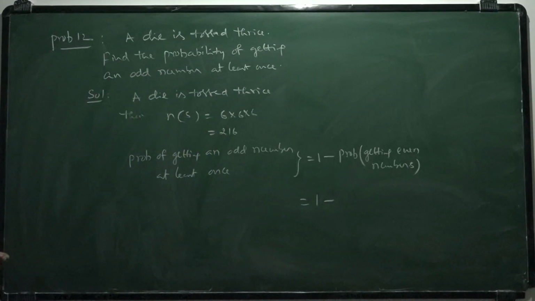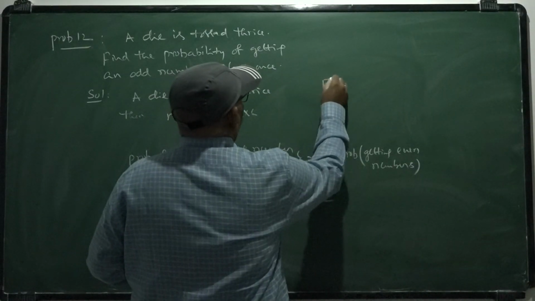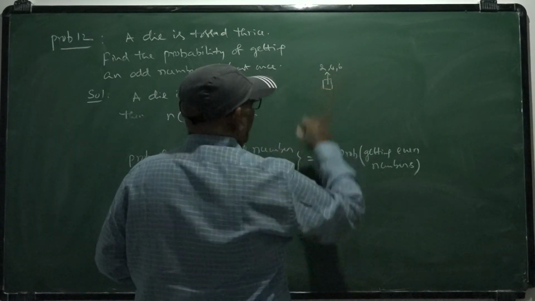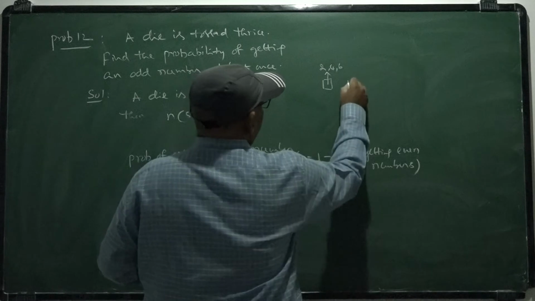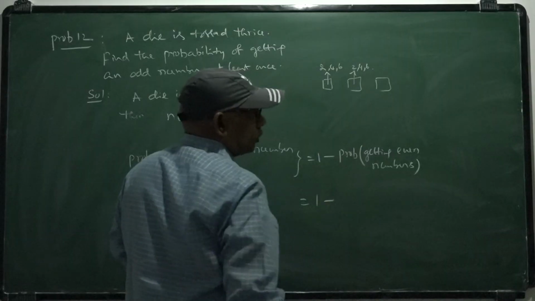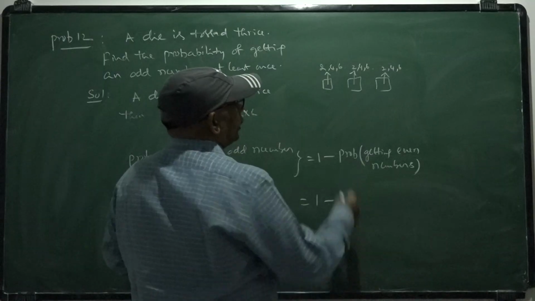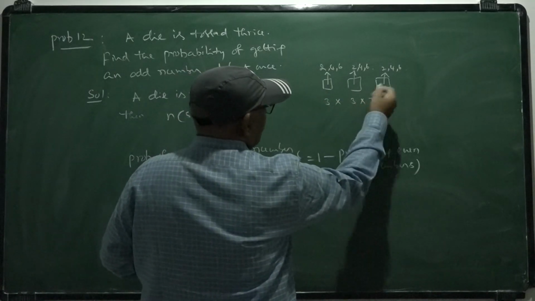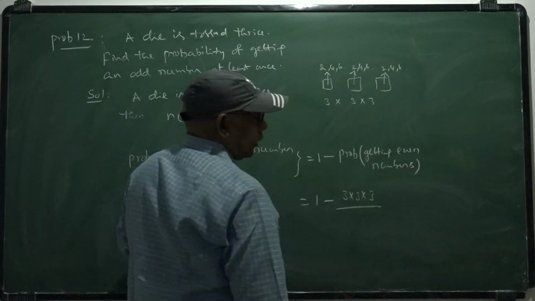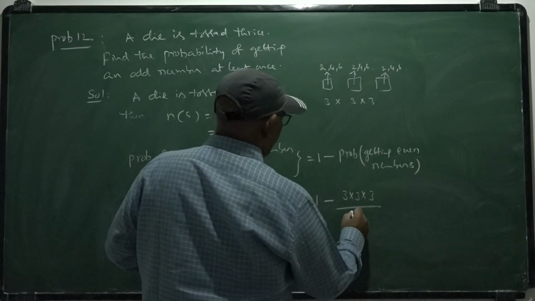In the first throw you have to get even, that is possible either getting 2 or 4 or 6. Similarly in the second throw also either 2, 4, 6, and in the third one also you may get either 2, 4, 6. So 3 possibilities. Hence the required favorable possibilities are 3 into 3 into 3 by n of s, 6 into 6 into 6, that is 216.